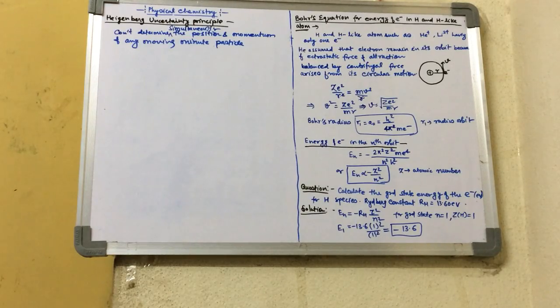And there are duality natures of wave and particle of electrons. Here Einstein suggested that light has dual characters, wave as well as particle.